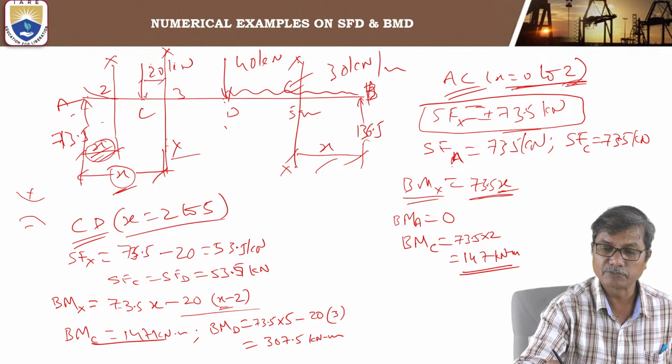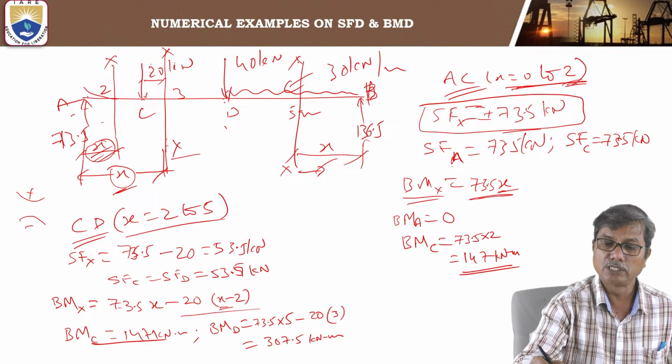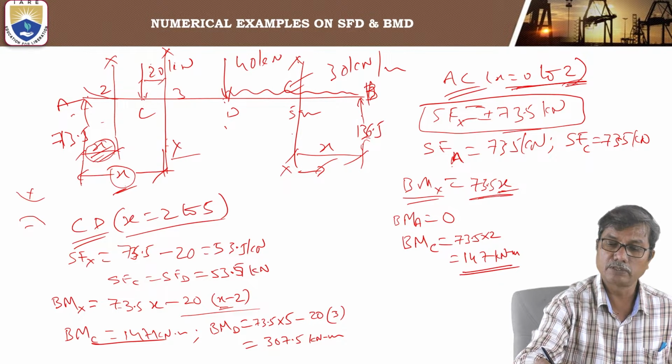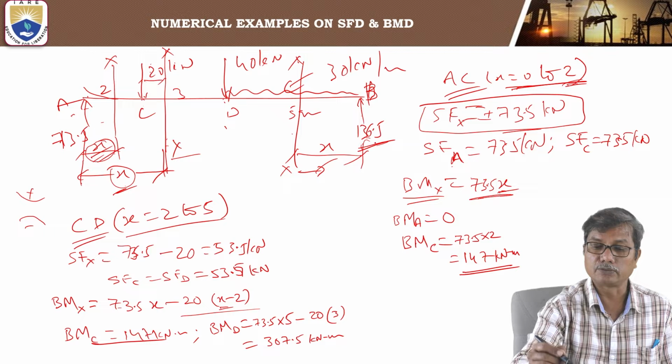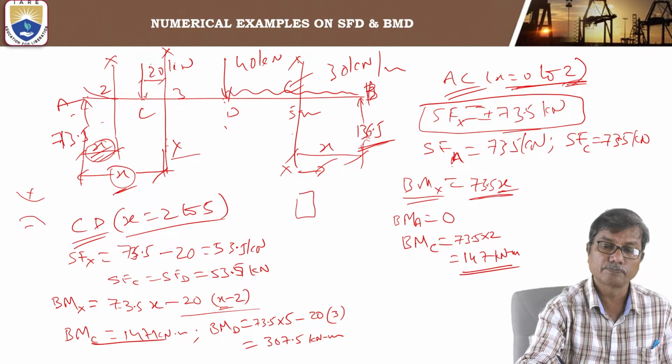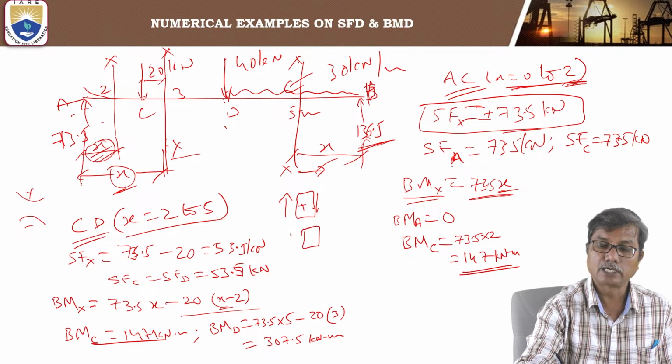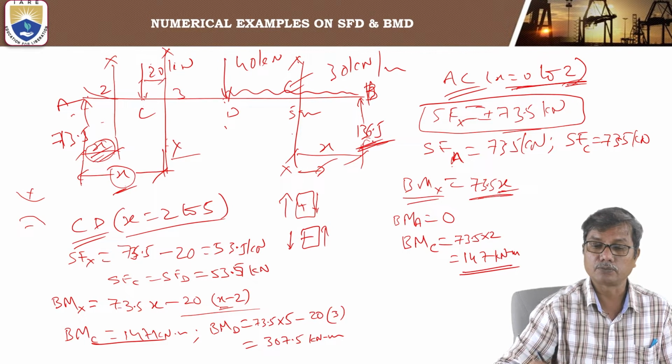For this section, considering right hand side, the shear force at x: you have the reaction RB upwards, 136.5. So right side upwards means negative. The convention for shear force: left up is positive and right down is positive. Right up and left down are negative. So right side upwards is negative.